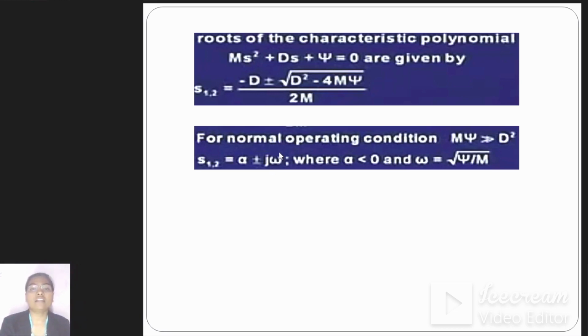When α is positive, the system becomes highly unstable, and when α is negative, that is less than 0, it gives you a stable operating point. And ω can be given as the square root of ψ by M.